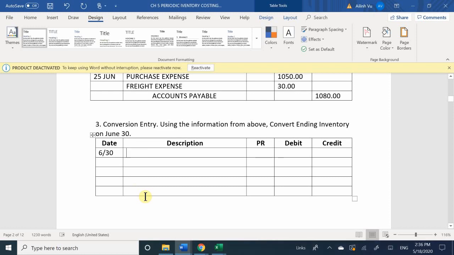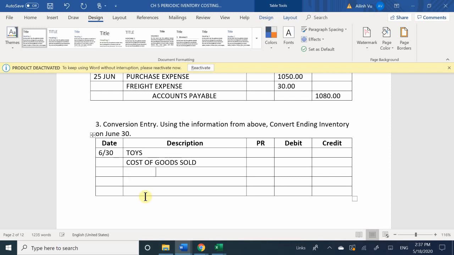We need to be specific on what kind of item we bought. So instead of inventory, toys is a sub account to inventory. So we have toys, okay? And then cost of goods sold.